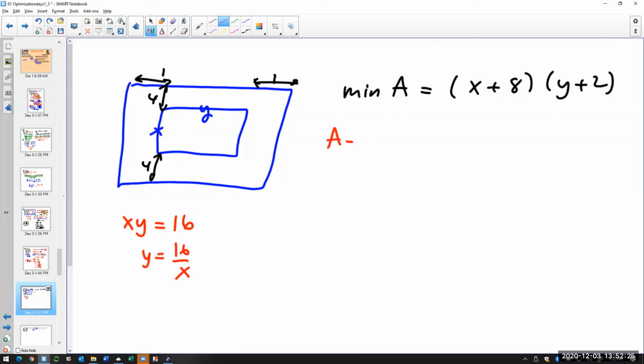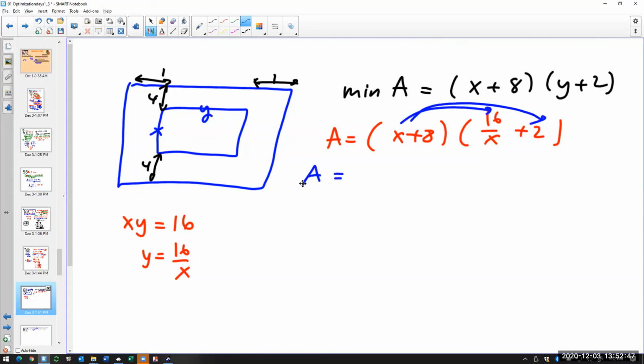You solve for the X or the Y, whichever one you want. I like to solve for the Y, because if you solve for the Y, then everything on the right side becomes in terms of X when you plug in your Y. All right. What do I do next? Take the derivative, right? You guys want to FOIL, or do you want to just go ahead and do product rule?